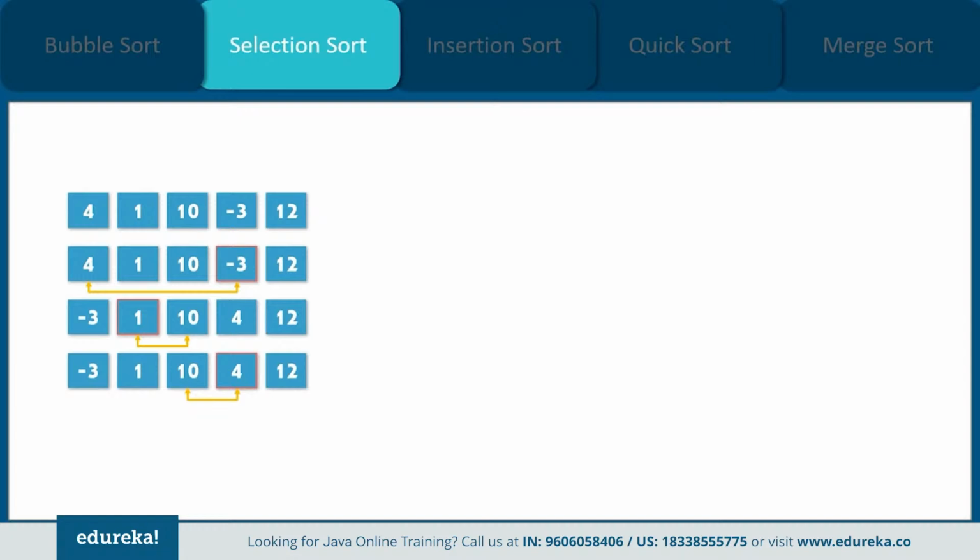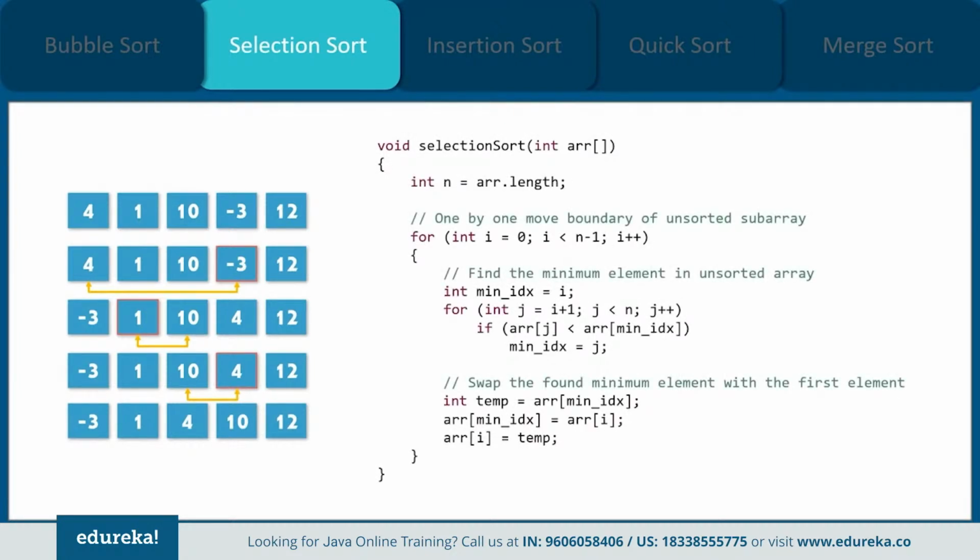We'll find that 4 is the smallest element. We'll put it in the next position, and lastly we are in the sorted set, right? So selection sort compares the number with all the elements. Wherever we find the smallest element, we put it at the beginning, right?